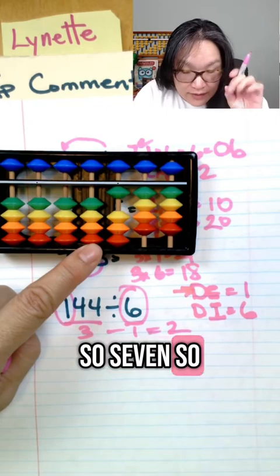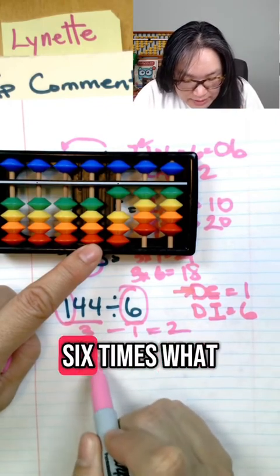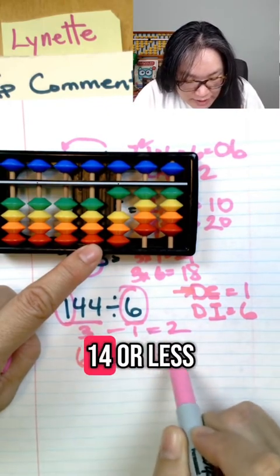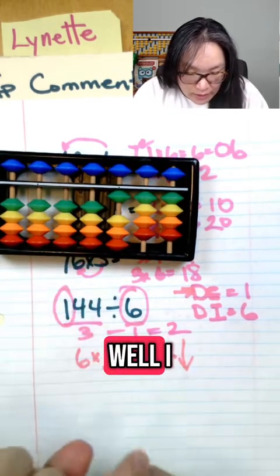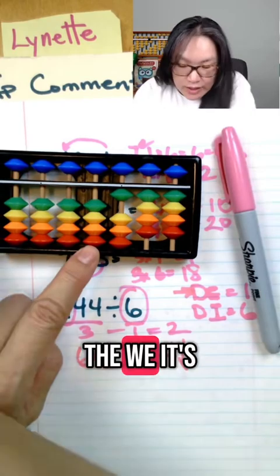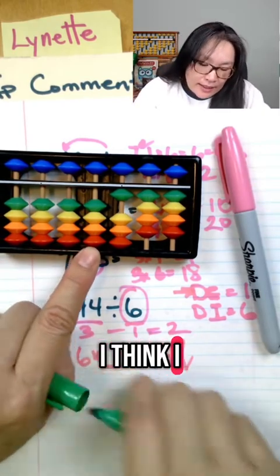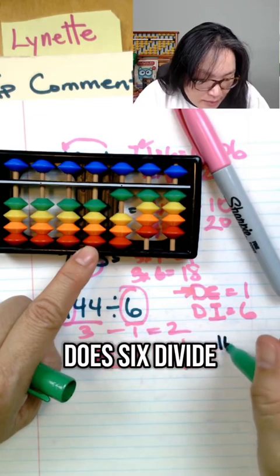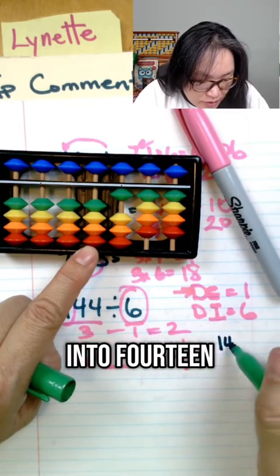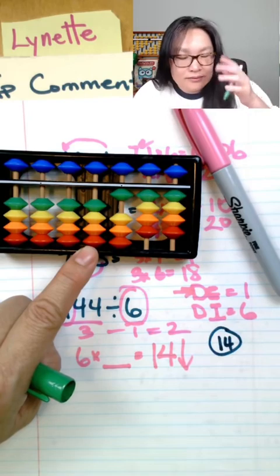So 6 times what is equal to 14 or less? Okay, what does that mean? I think it's difficult to understand how many times 6 divides into 14. I wouldn't know.